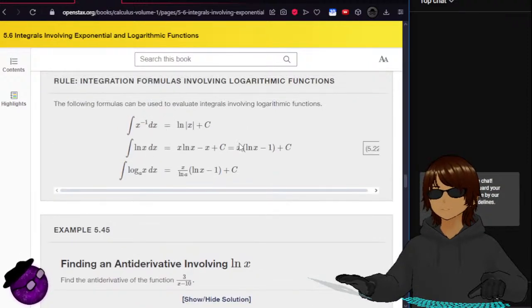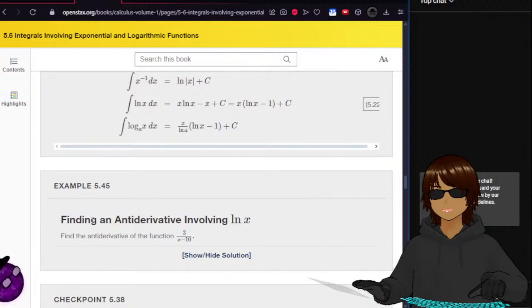The integral of ln of x is equal to x times ln of x minus 1, x over ln of a, ln of x minus 1.